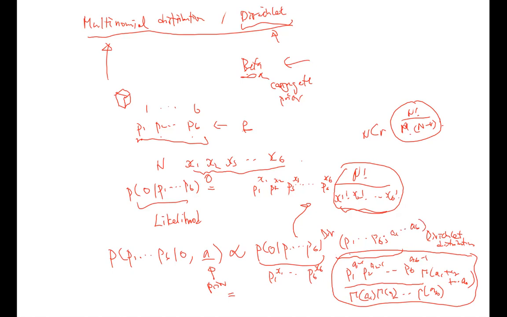And after I multiply by this likelihood, actually I will get another Dirichlet. And that Dirichlet, again a distribution of P1 up to P6, will have parameters A1 tutor, A2 tutor, and so on up to A6 tutor. So maybe you can guess what these will be.